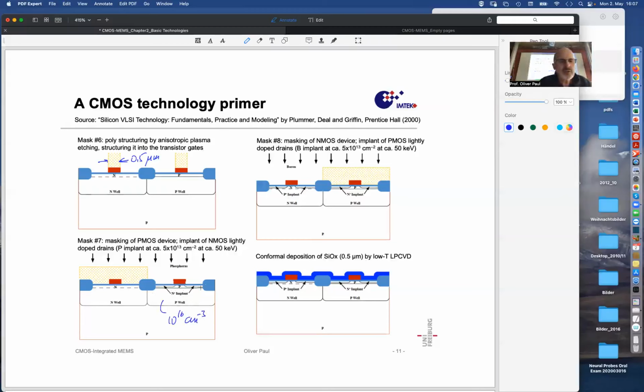And then this threshold implant, the P implant that was added, now we're adding an N implant, because the sources and drains need to be N-doped so that they can conduct electrons.